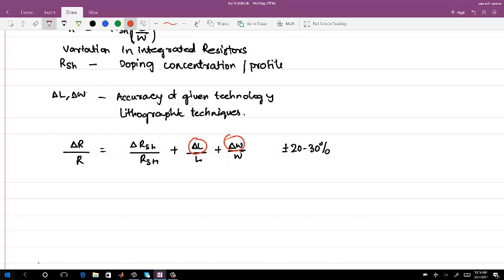As you come down to a lower technology, you can have more accurate, finer dimensions.